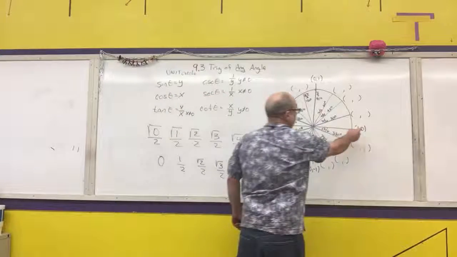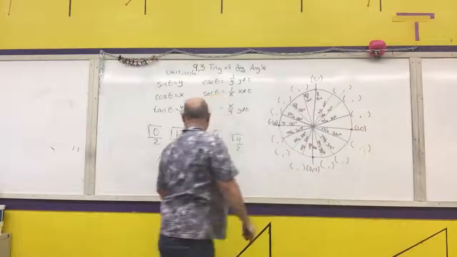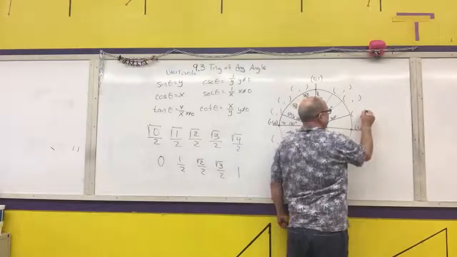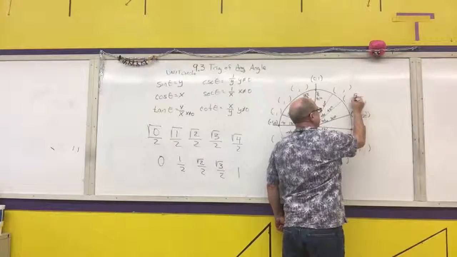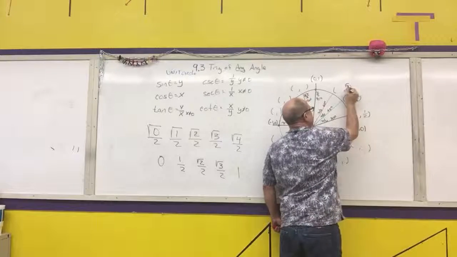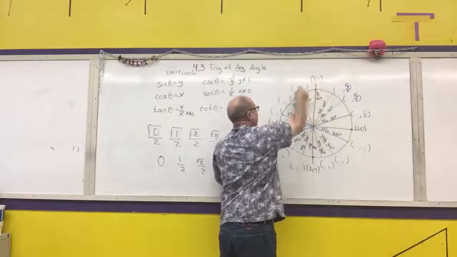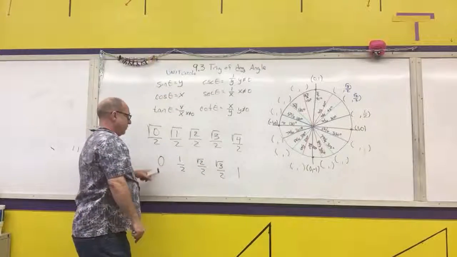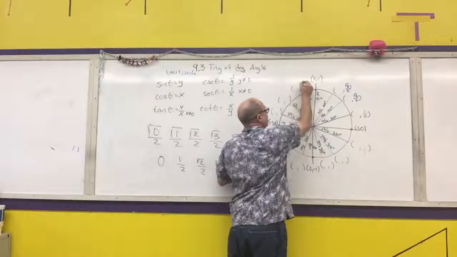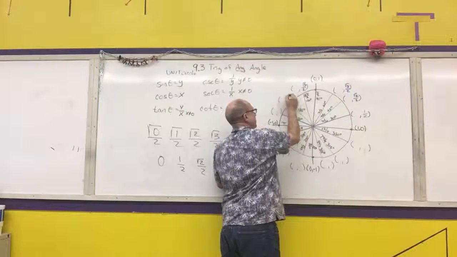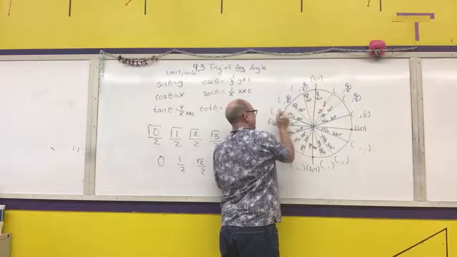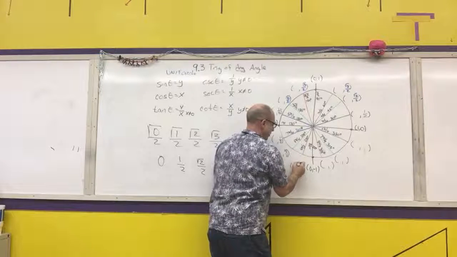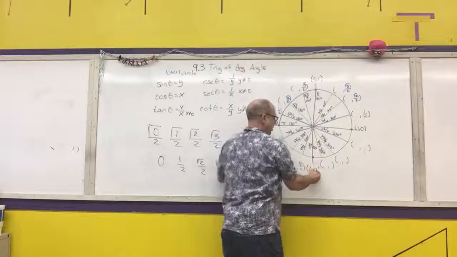So from 0 going to 1 for my y coordinates, I just follow this pattern: 1/2, square root of 2 over 2, square root of 3 over 2, then 1, and then back down to 0. Notice, square root of 3 over 2, square root of 2 over 2, 1/2, and 0. Then 1/2, square root of 2 over 2, square root of 3 over 2, 1.